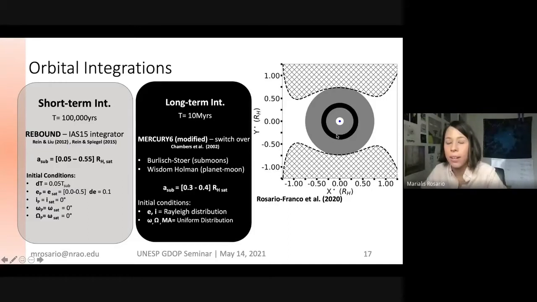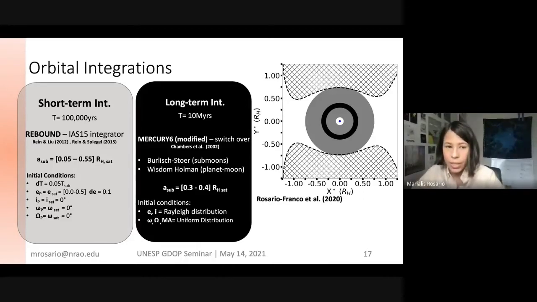We saw that most submoons stayed in that black area and fell there. So we wanted to explore more about how submoons would survive in that area, and we ran our simulation for longer. Once we knew that was the sweet spot in the phase space, we took the liberty to run longer simulations and also vary different things.